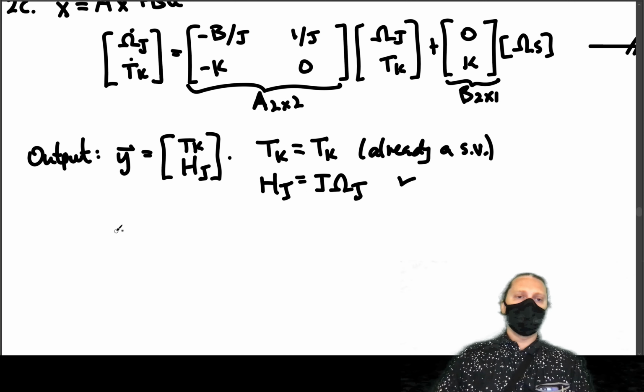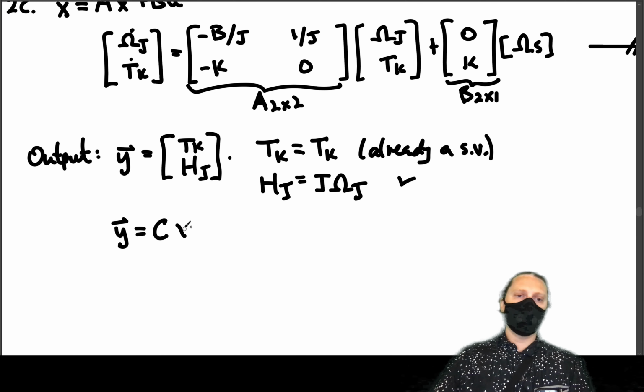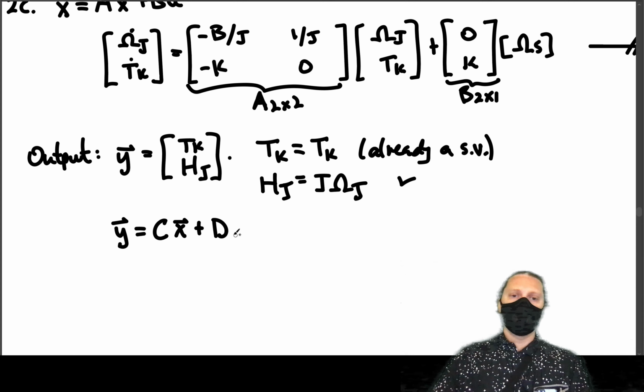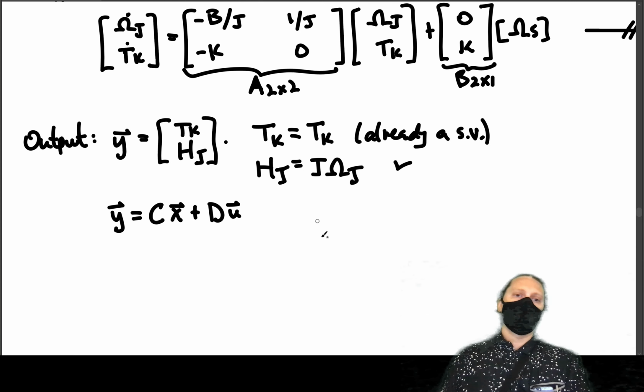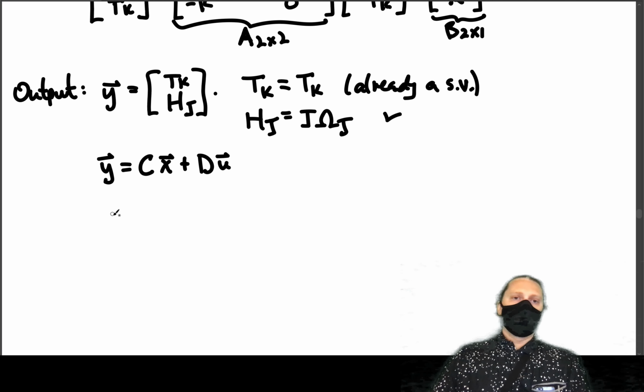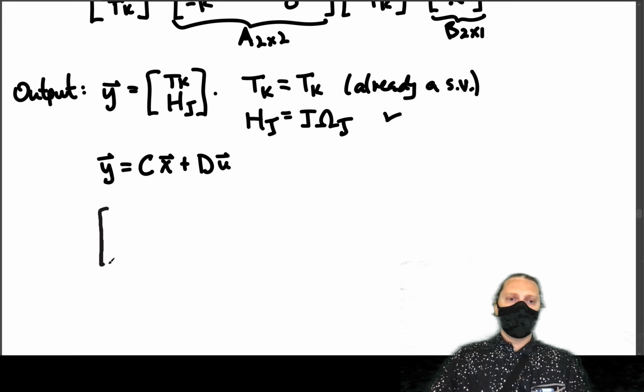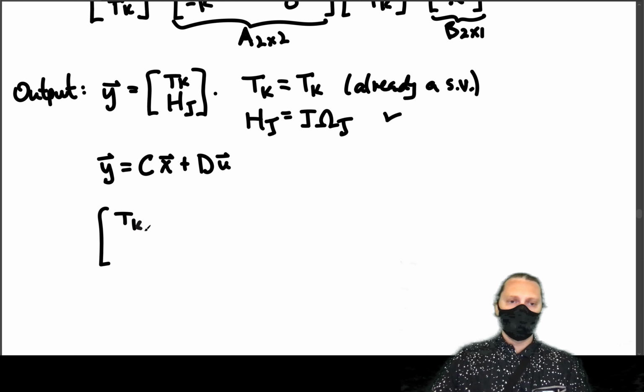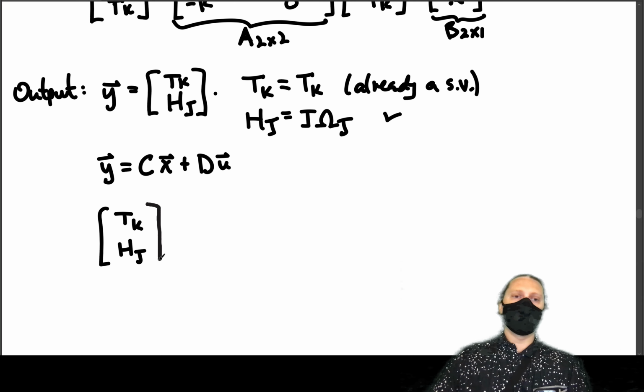And we are ready to write it in the standard form, which is C matrix X plus the D matrix times U. Again, we can expand these if we like. We could say TK, HJ to help us fill in the matrices.